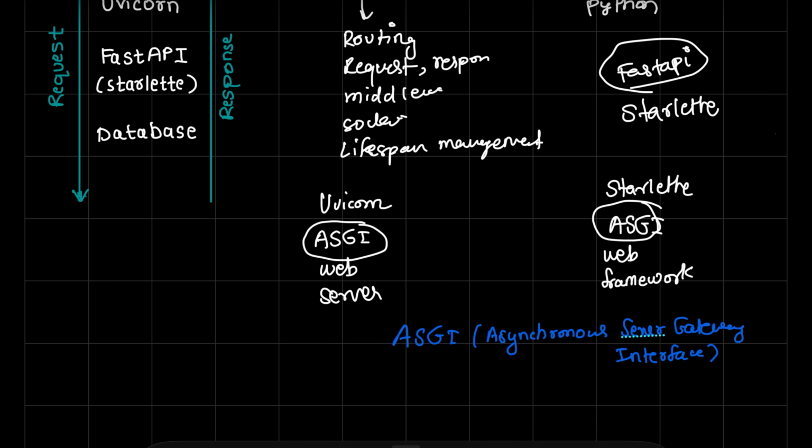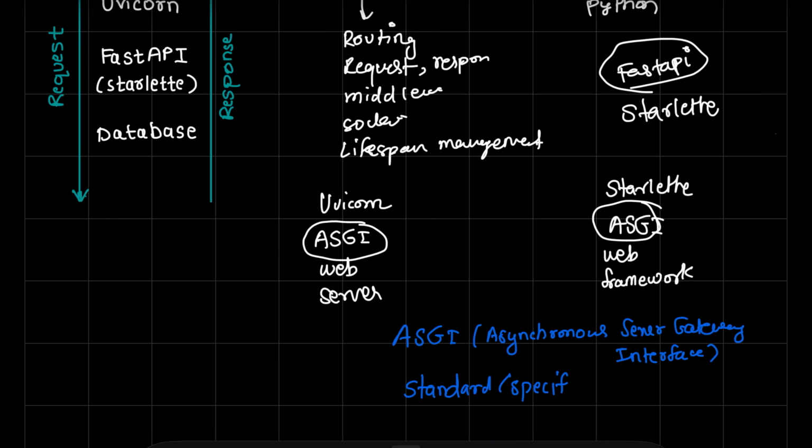You might have heard of this. So what exactly is this ASGI? ASGI is very simple. It is just a standard, nothing else. Some might think it is some server or framework, but no, it's just a standard or specification.